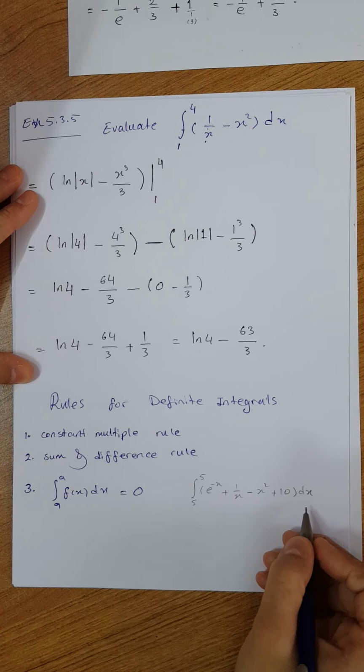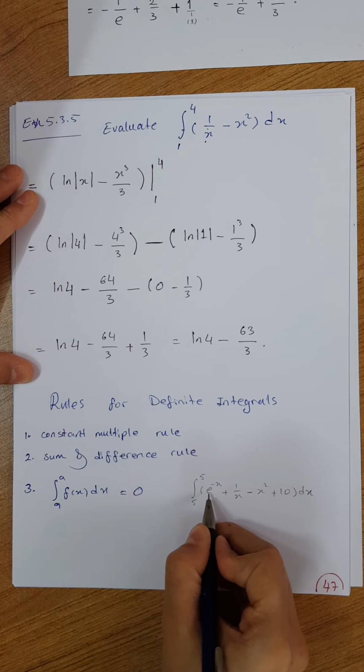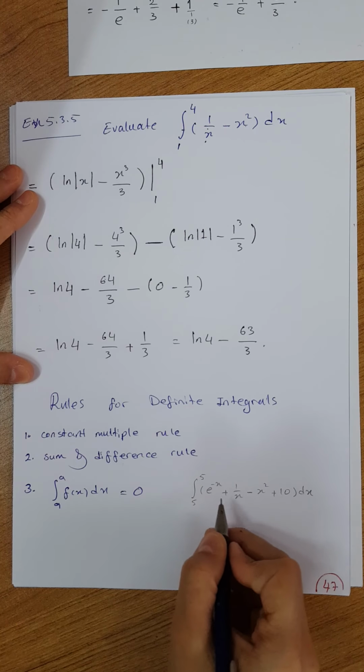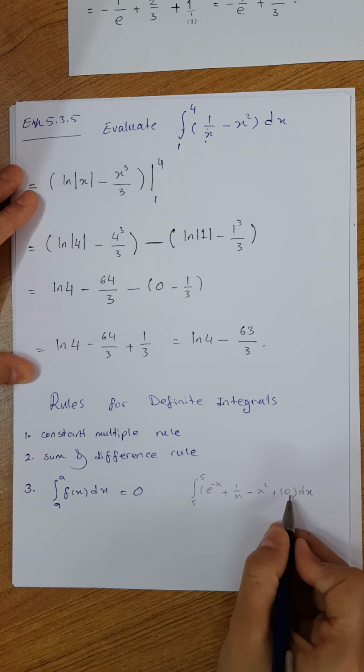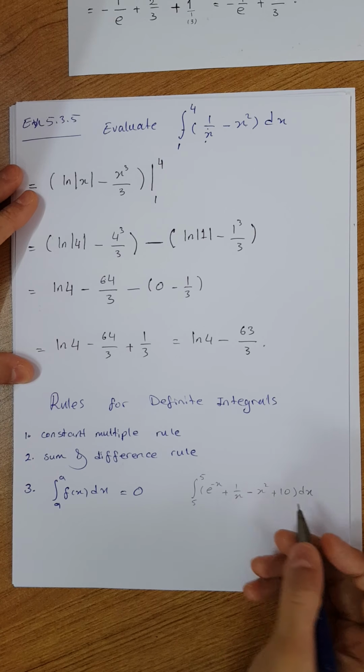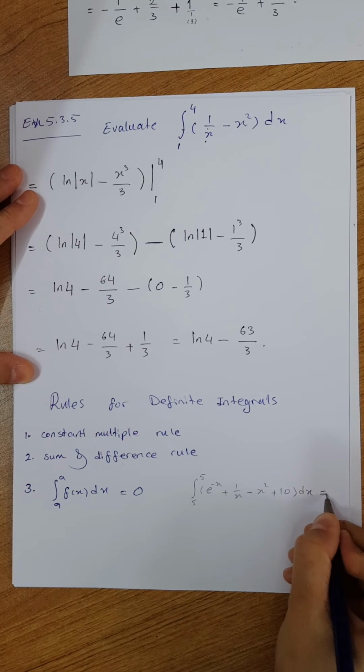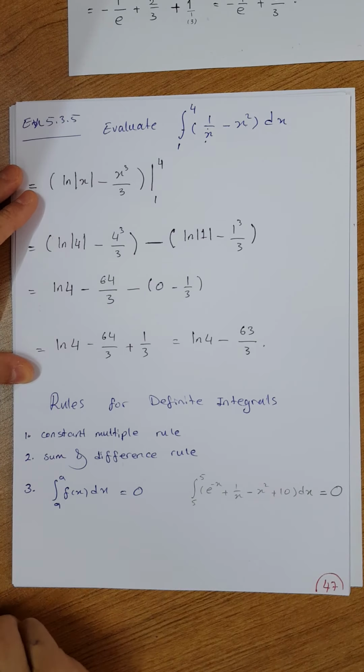You do not need to solve that integration, which would be minus e to the power of minus x, plus ln of x, minus x to the power of 3 over 3, plus 10x, and then inputting those numbers inside it. You're directly saying that that integration is equal to 0. Okay, you don't need to solve it.